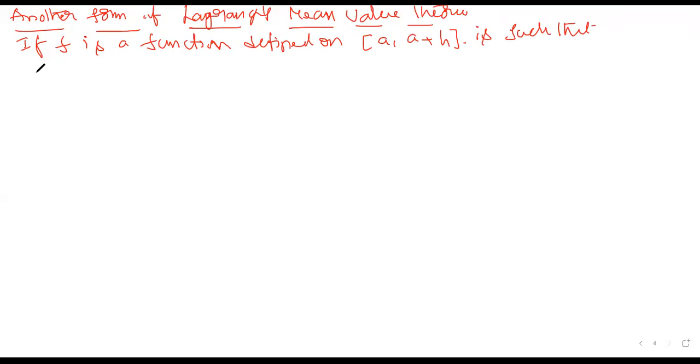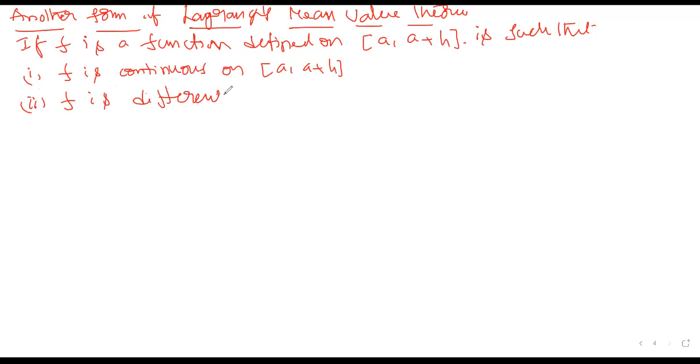Point number one, f is continuous on closed interval a comma a plus h. The second one, f is differentiable on open interval a comma a plus h.